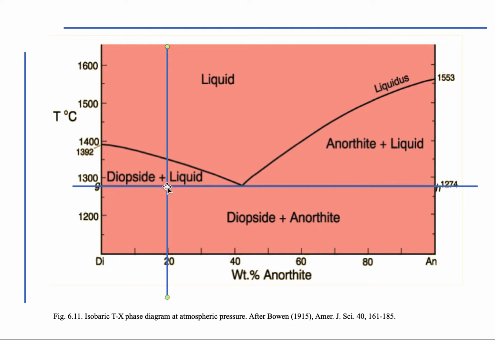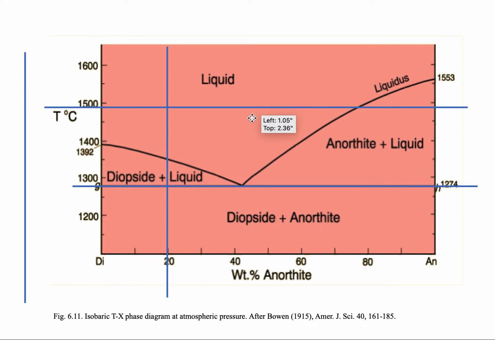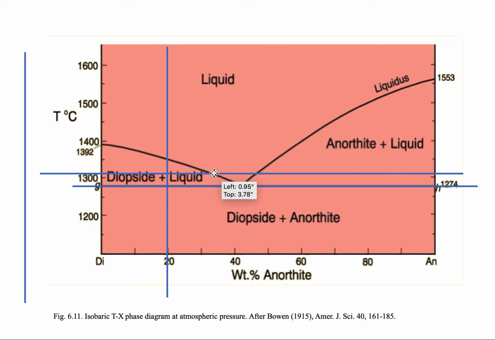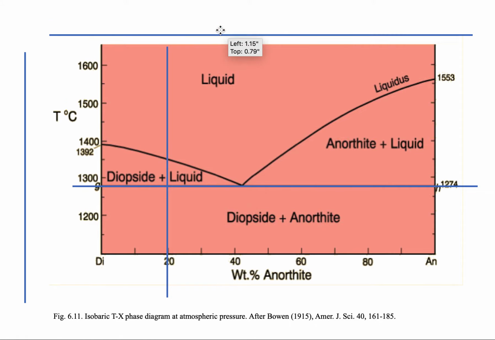And the system will sit at 1274 until it's completely crystalline, and then the rock, which will be a mix of these two minerals, will simply get cooler. What would be the temperature of the first crystals? They would be forming at about 1350 degrees centigrade. And from 1350 down to 1274, diopside is the only crystal we would make. And then at 1274, that's when anorthite would come in.